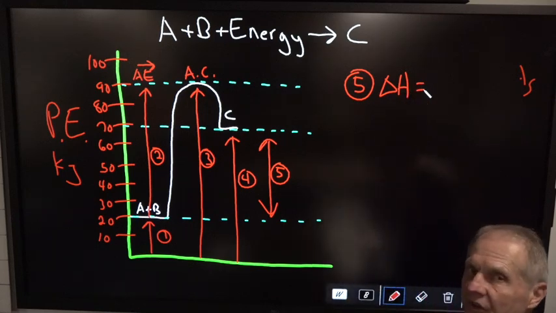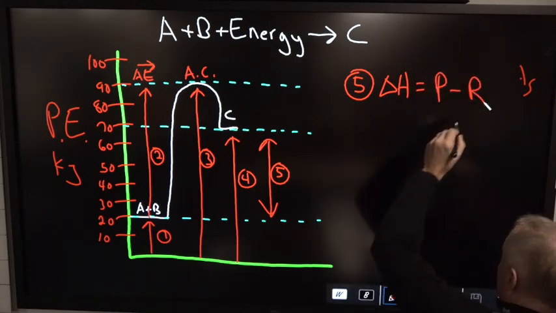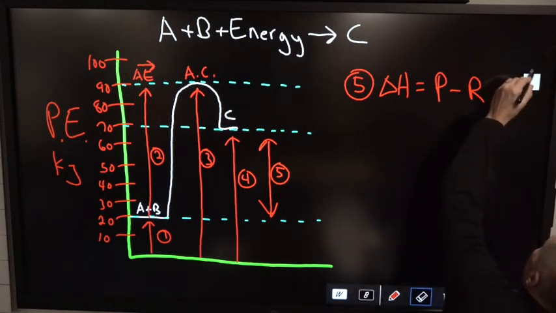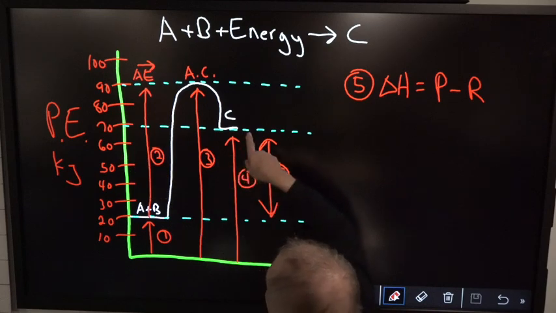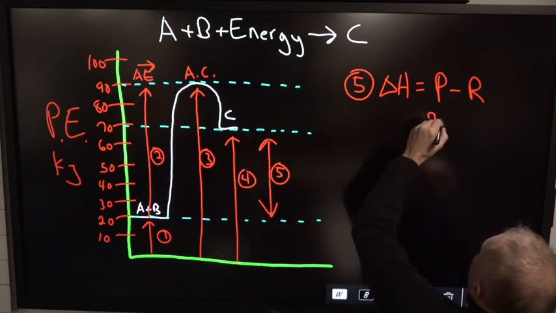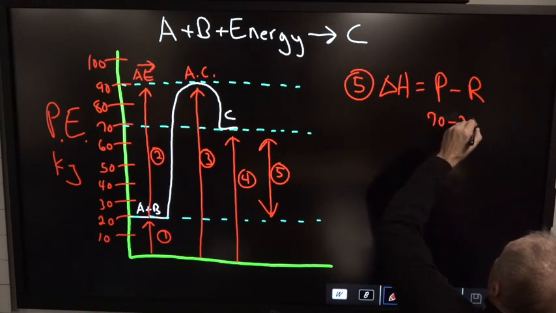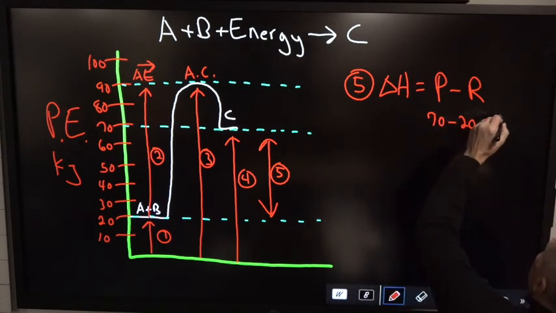And remember, it's a simple little formula, P minus R. So in this case, products is 70 minus 20. So it would be 70 minus 20, and that would give us a positive 50.